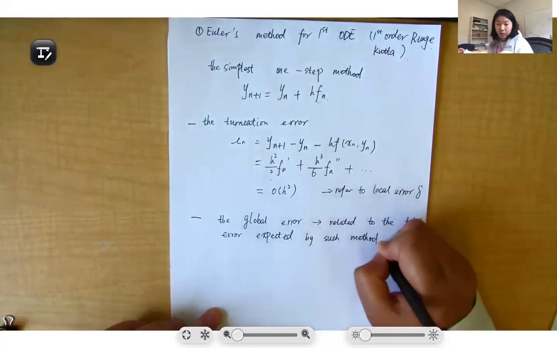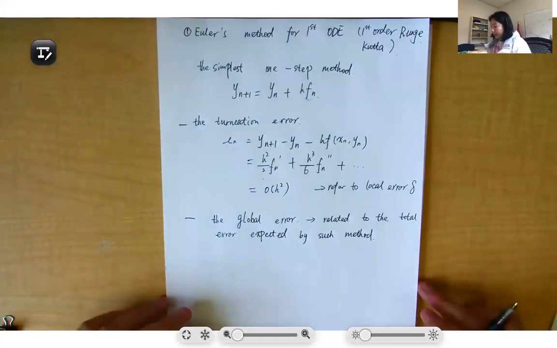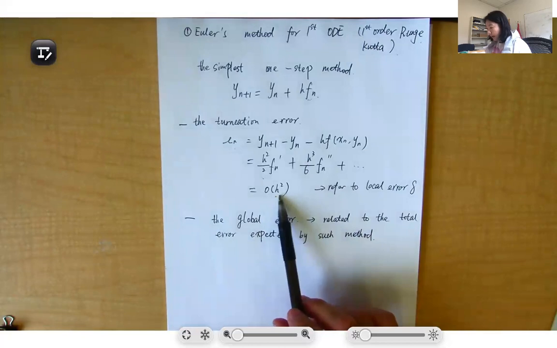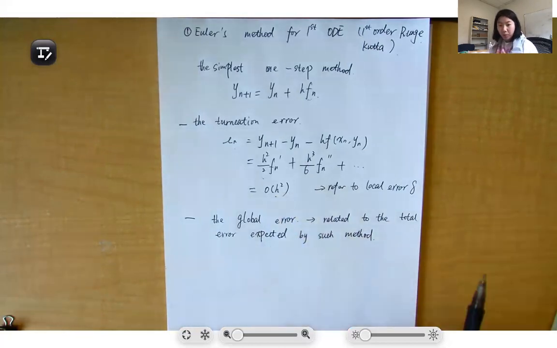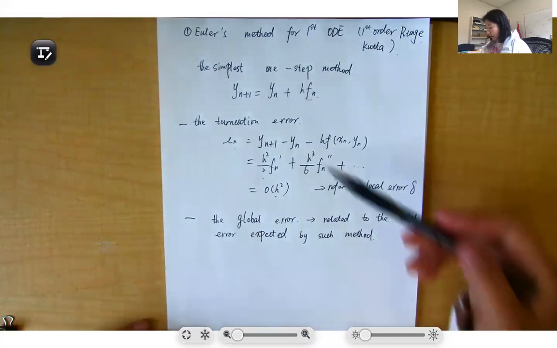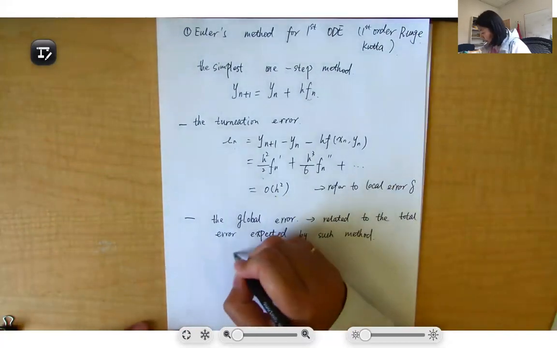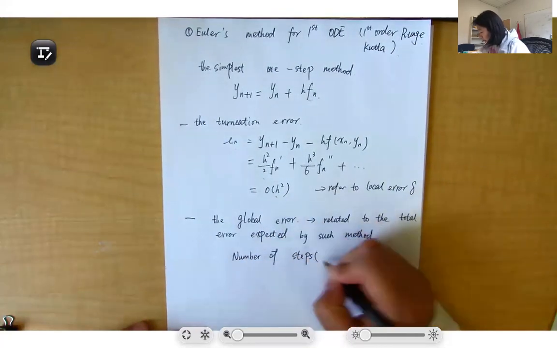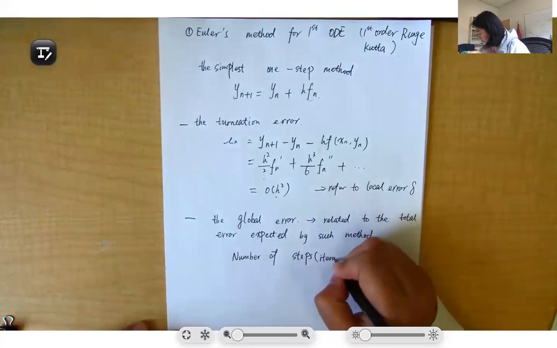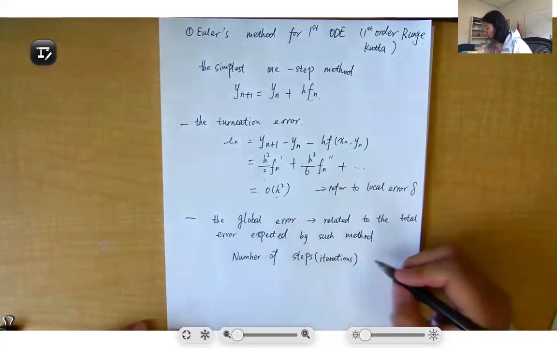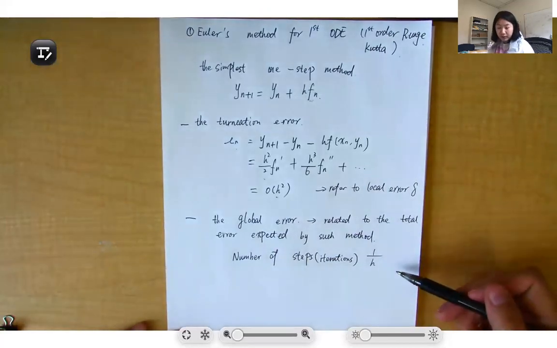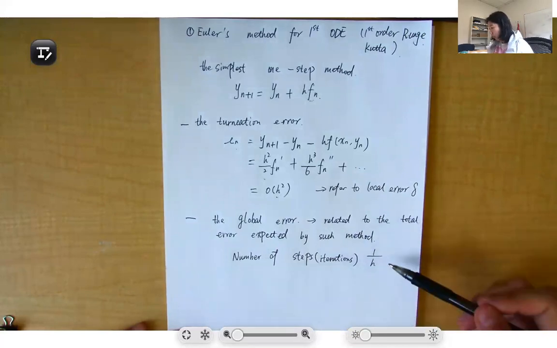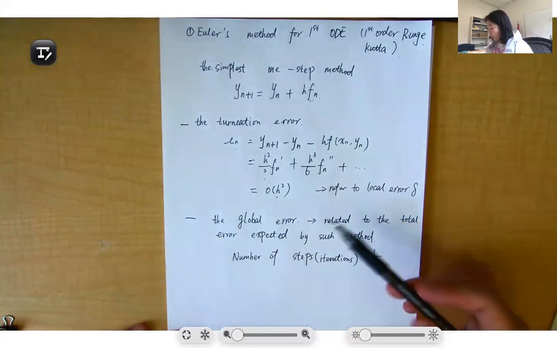So here we are talking about Euler's method. And how about the total error? For each step, the truncation error is O(h squared), and we know the total number of steps of this process, or you can also say the number of iterations, is 1 over h, where h is the normalized step size. And we know that the local error is O(h squared).